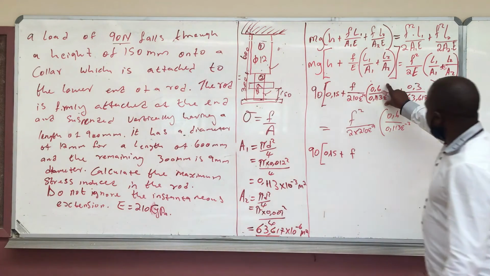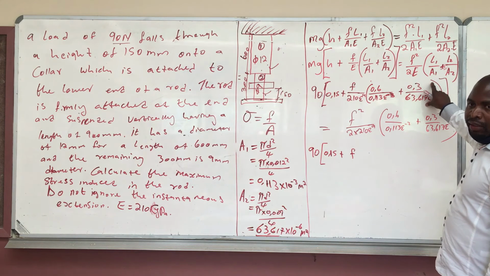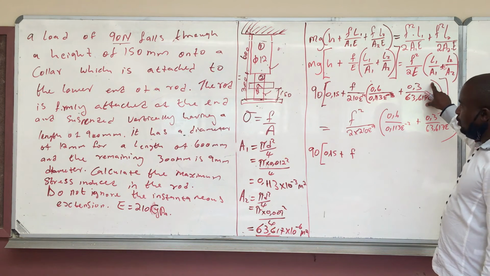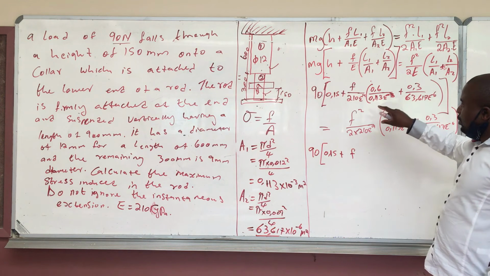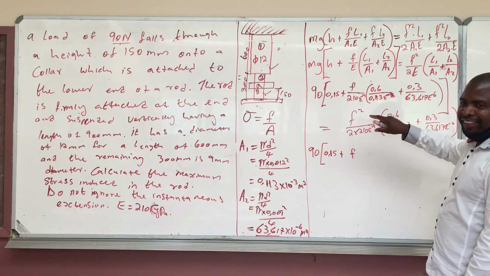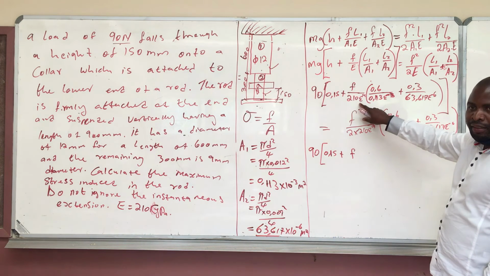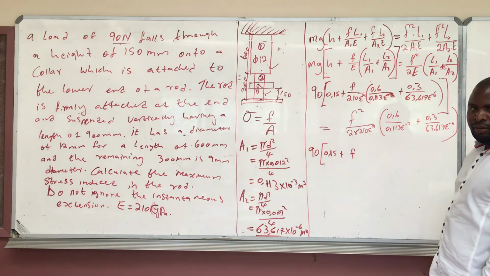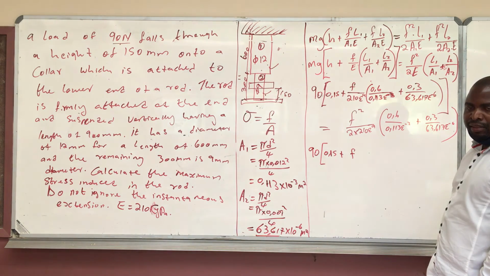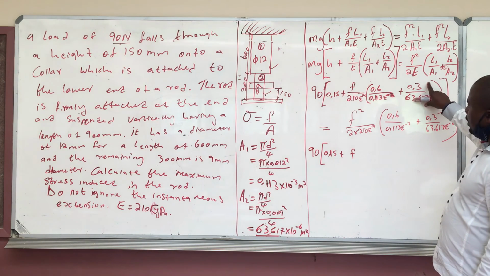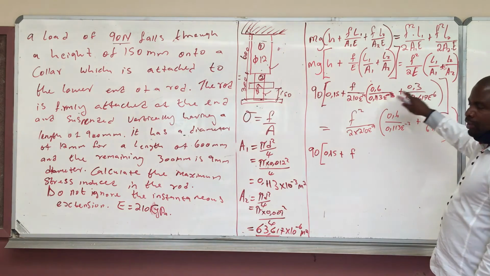You took this one, you added with this one. Then after adding the two, what did you do? You take this, you add with this one, then you multiply by 210. Yes. 1 divided by 210. Now you need to take this one, you add with this one. Then after adding with this one, you divide by this.